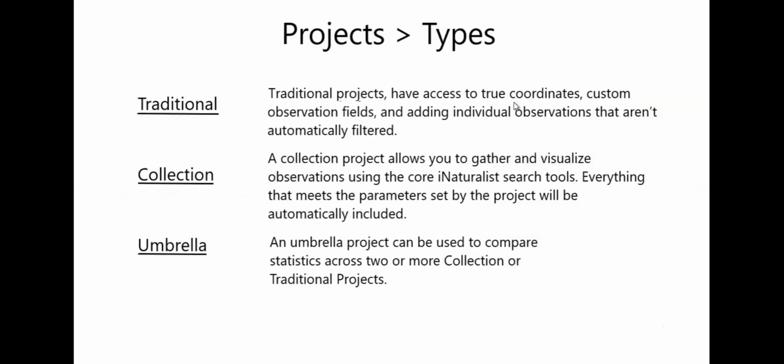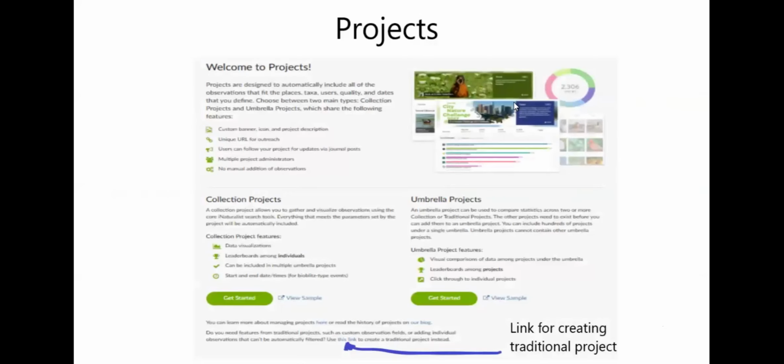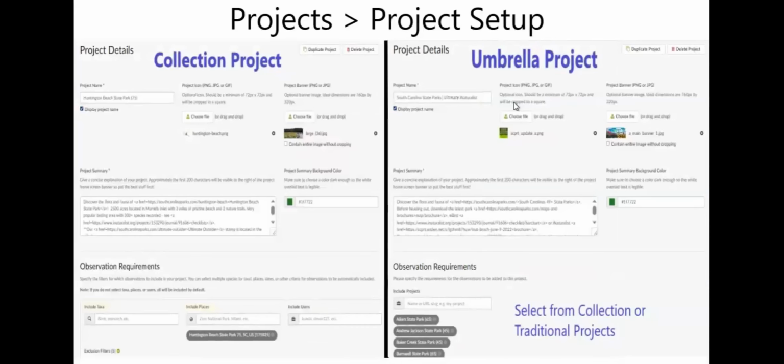There's 3 project types: traditional, collection, umbrella. The collection projects and the umbrella projects are the main ones, and then they've got a link down there. It's not obvious for traditional projects. So collection projects, you have to select a place, one of those KML files, but you can also select taxa, exclude taxa.